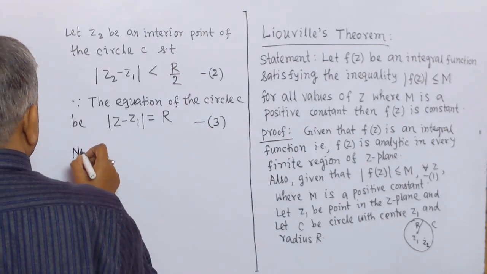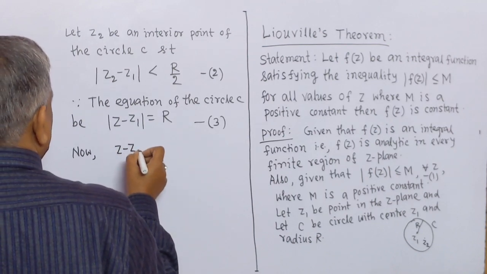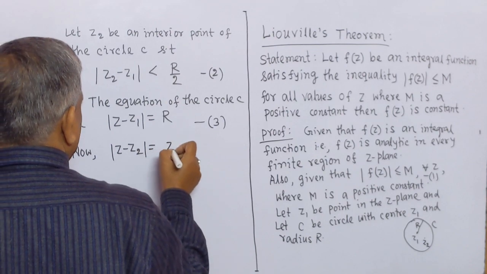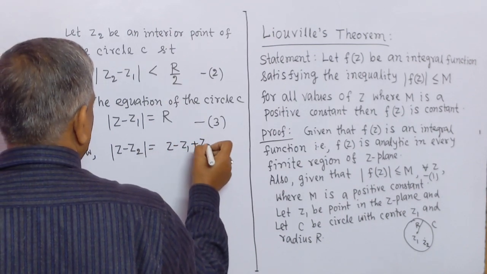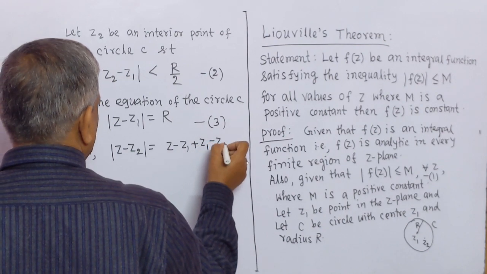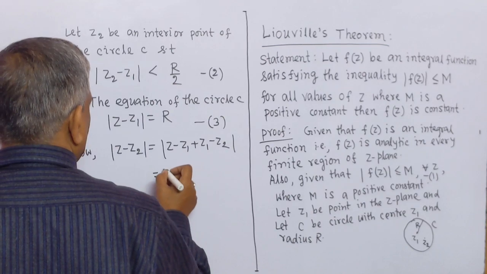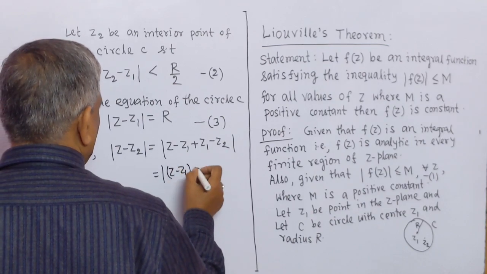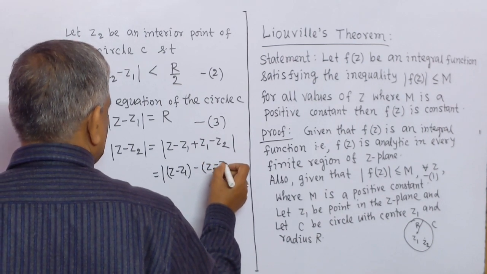Now modulus of z minus z2 equals modulus of (z minus z1) plus (z1 minus z2), which equals modulus of (z minus z1) minus (z2 minus z1).